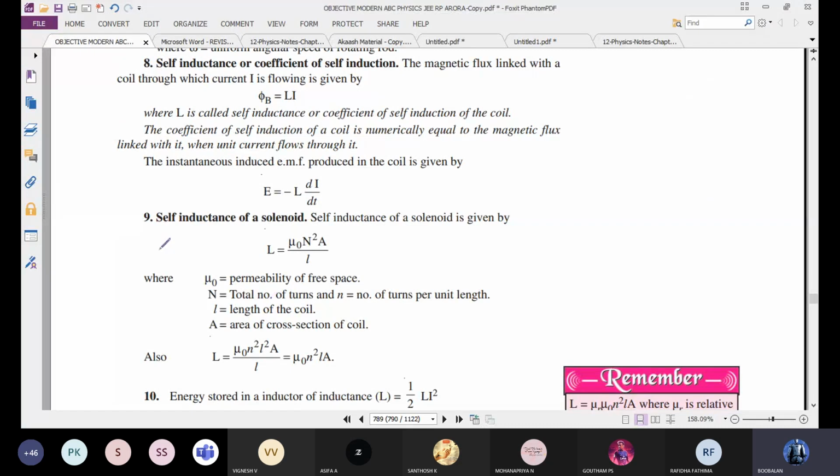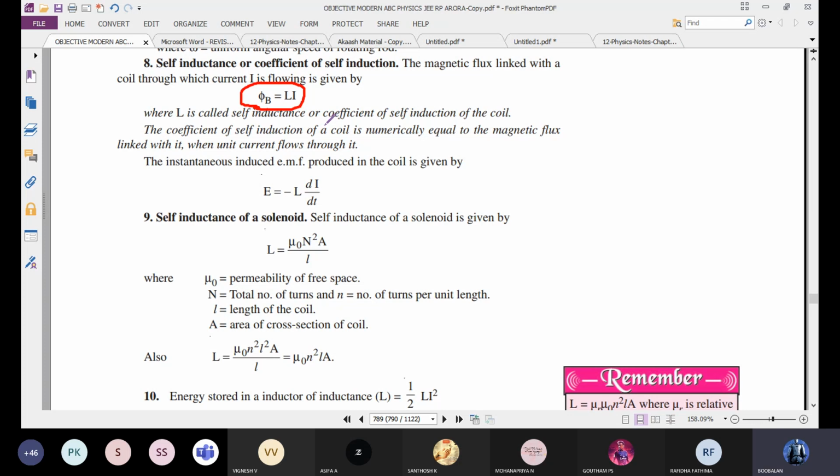Next one, self-inductance and the coefficient of self-inductance. The magnetic flux linked with the coil is directly proportional to the current I. To remove the proportionality, we add a constant, that is L. So L is called self-inductance, otherwise the coefficient of self-inductance of the coil.